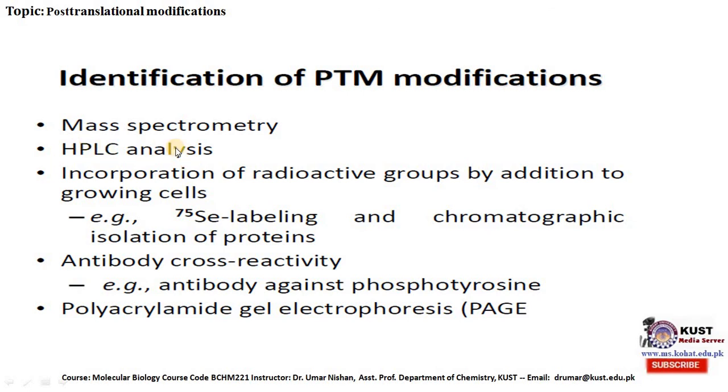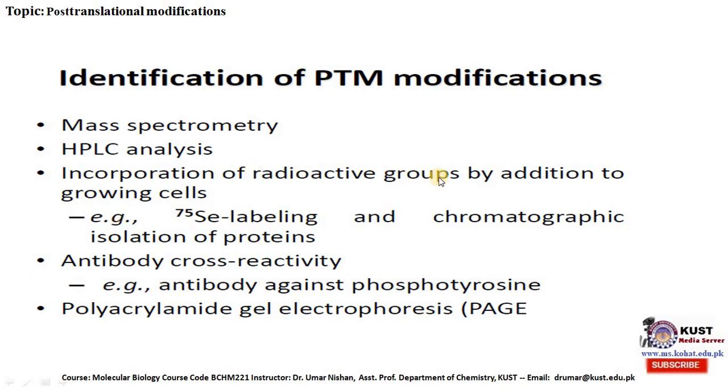High performance liquid chromatography analysis is helpful in identifying post-translational modification that has happened to a protein, a newly formed polypeptide, or incorporation of radioactive groups by addition to growing cells.